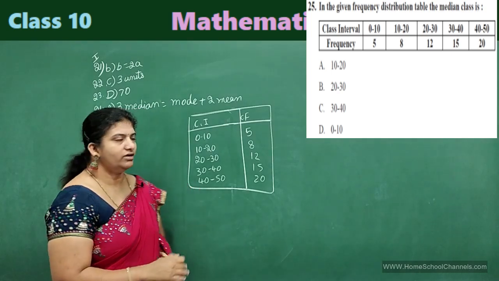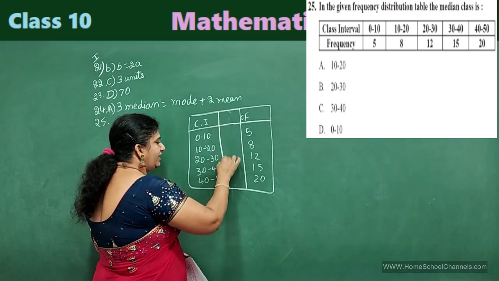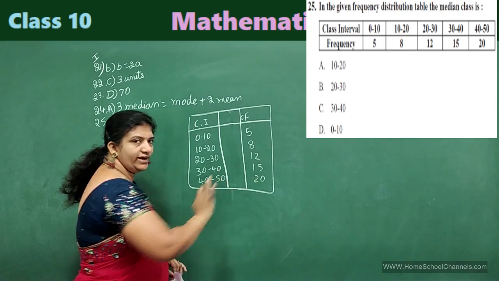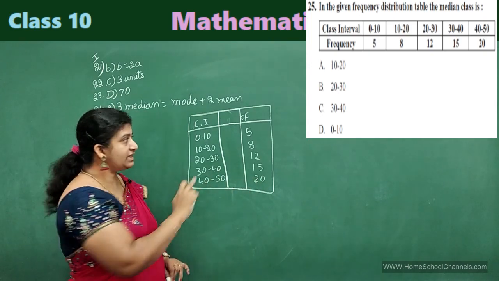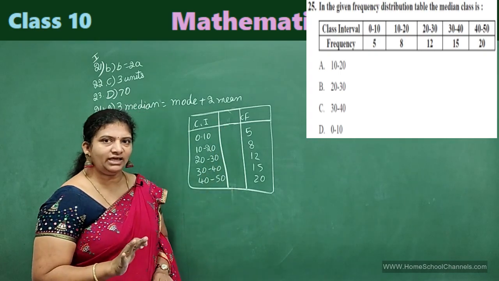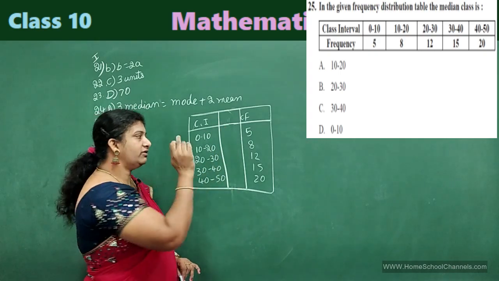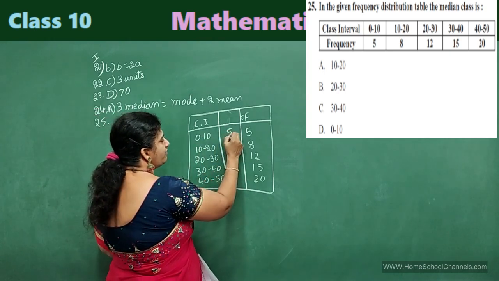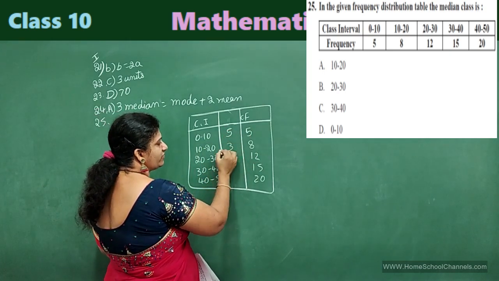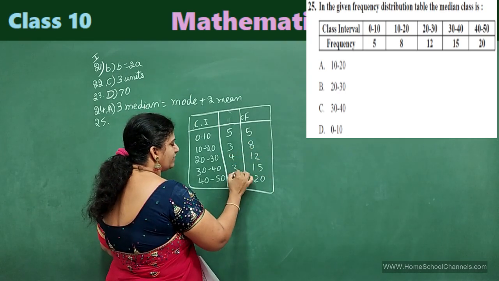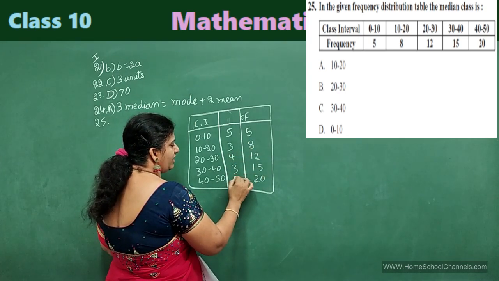Let us check it out. Let us find the difference. If we add only frequency, we should get 20. Then we say that this is cumulative frequency. If we won't get 20, then it is not the cumulative, this is only frequency. Let us see here. 5, 8 minus 5 will be 3. 12 minus 8 will be 4. 15 minus 12 will be 3. 20 minus 15 will be 5.